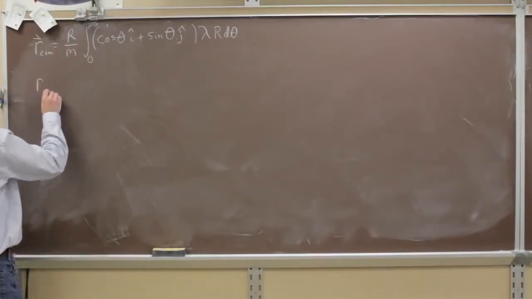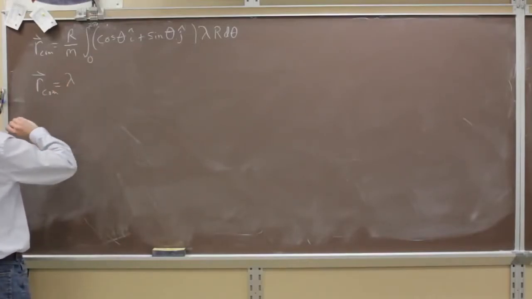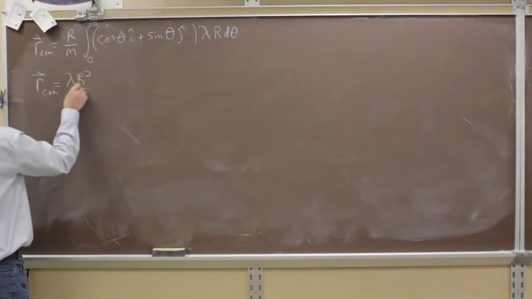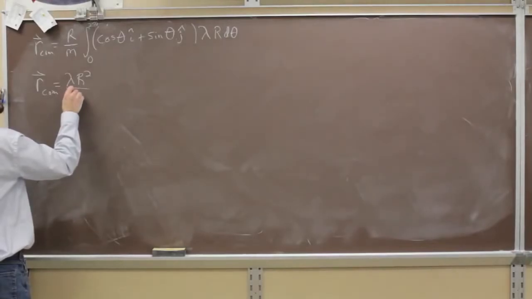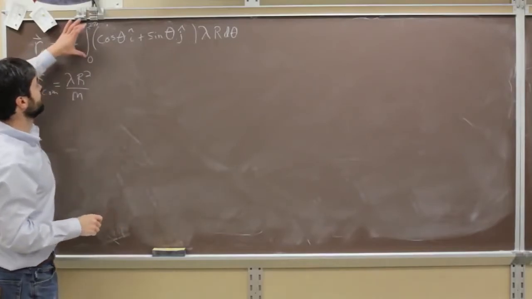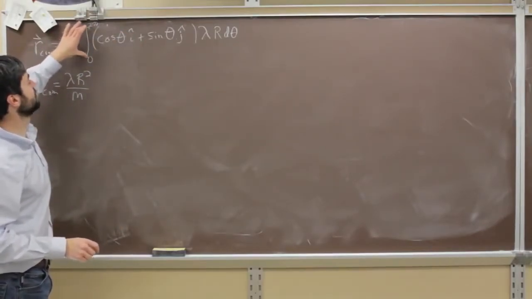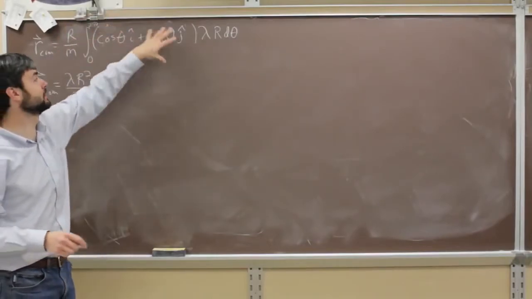So that's going to become rcom, integral, lambda r squared over M. And then I can break this up, right? If I have a plus sign there, I can distribute and take the integral of cosine theta separately from sine theta.